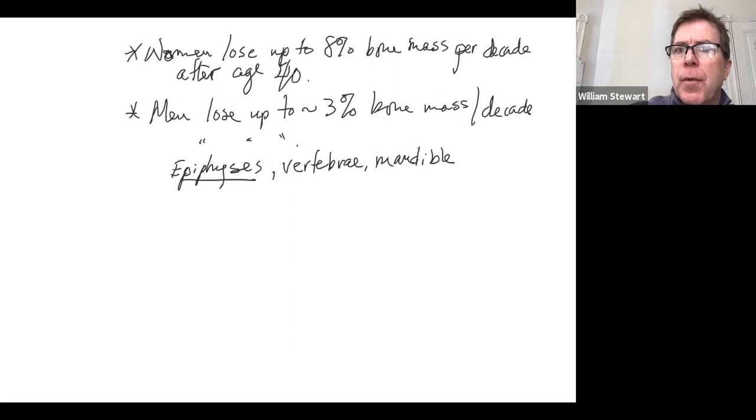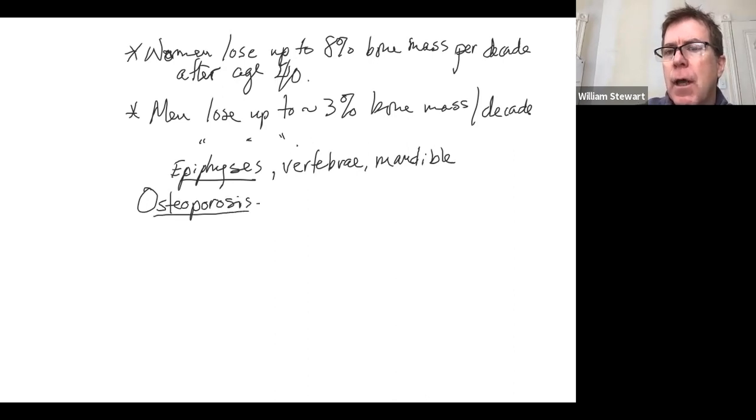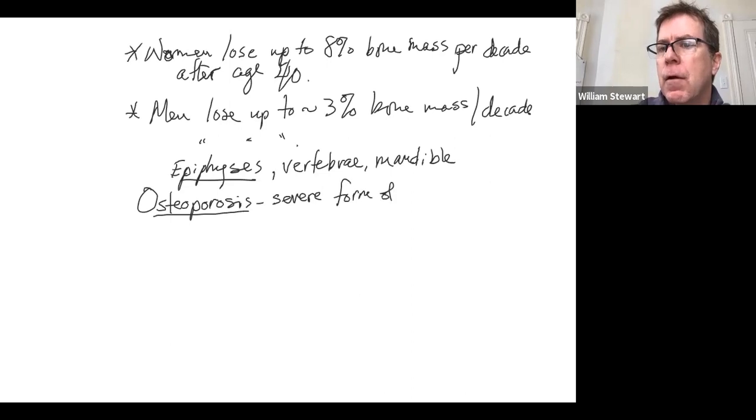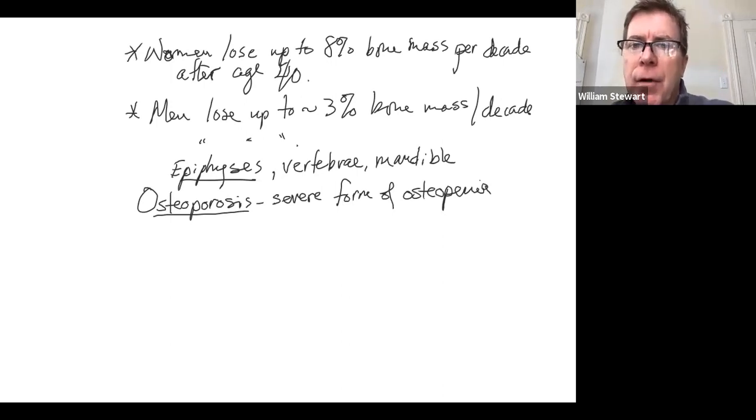All right, this term, osteoporosis, is the one we all hear about. Osteoporosis is really just a more severe form of osteopenia. What happens is in people who are classified with osteoporosis, their bones thin to the degree where there's compromise in structure and function.